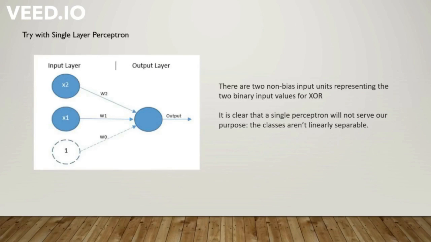This perceptron includes a single layer of input units, including one bias unit, and a single output unit. Here, the bias unit is depicted by a red circle while the other units are shown in blue circles. There are two non-bias input units representing the two binary input values of XOR.